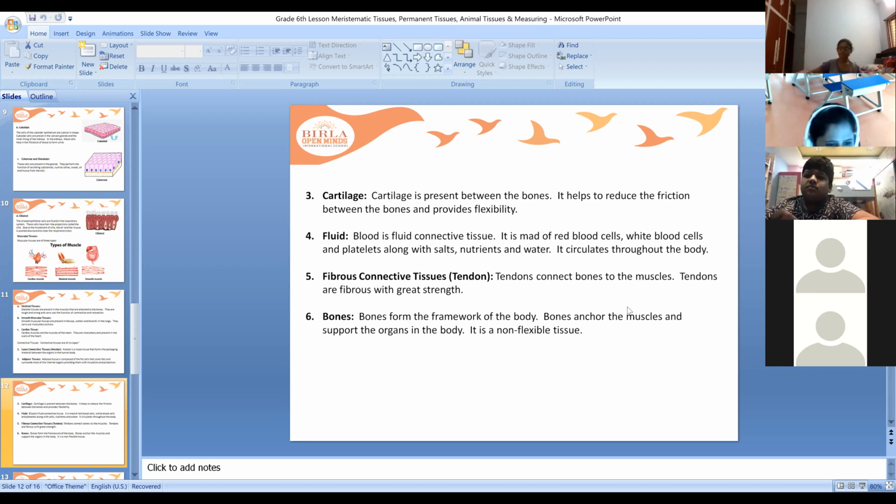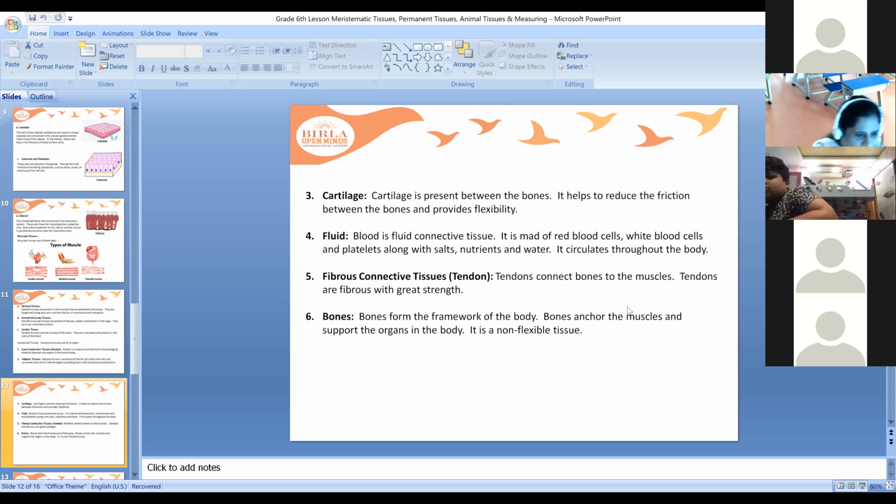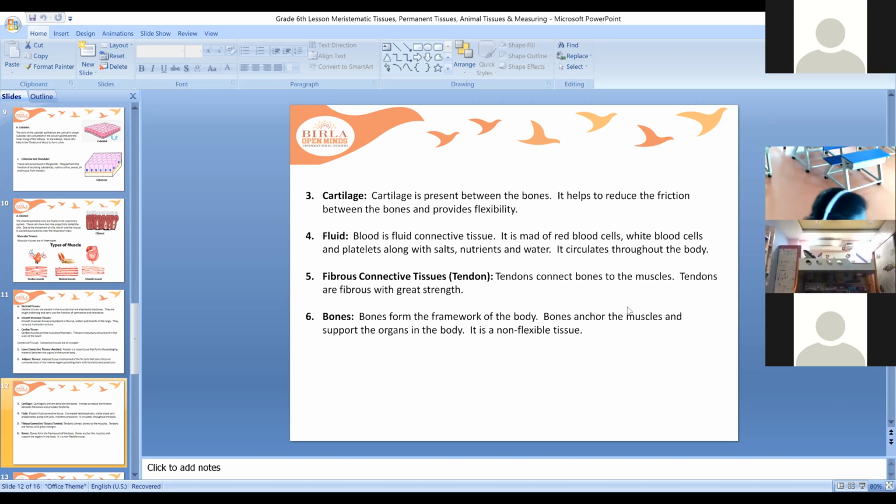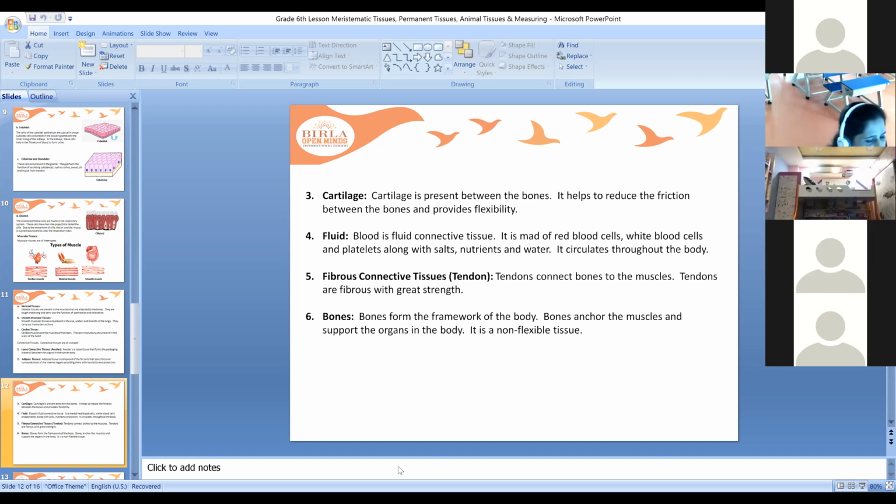If the air passes, then it can't filter the water properly, it gets stopped. Do you understand? The air bubbles come in between while filtering. You have observed it at any time? Yes, ma'am. In carbonated water, air bubbles come in between.